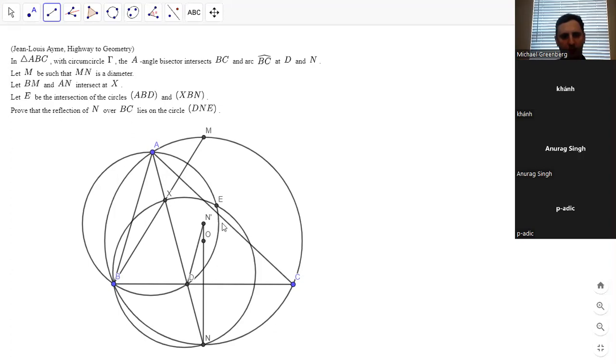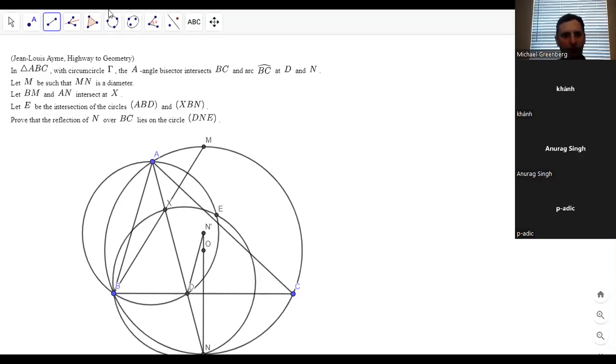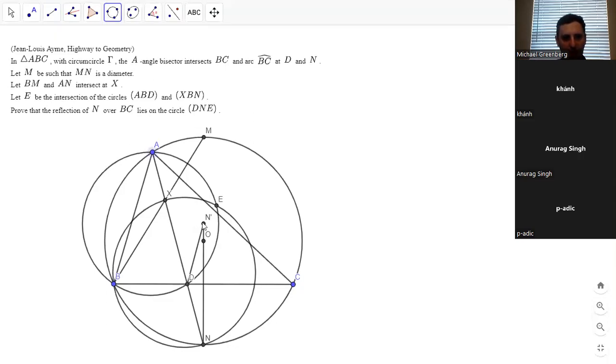Is there a way we can think about this? We want to show angle DEN is equal to angle DN prime N, but that's the same as DNN prime. So I wonder if there's a way we can think about this. Is ADON prime cyclic? Let's see. Yes. Maybe that's just an angle chase?